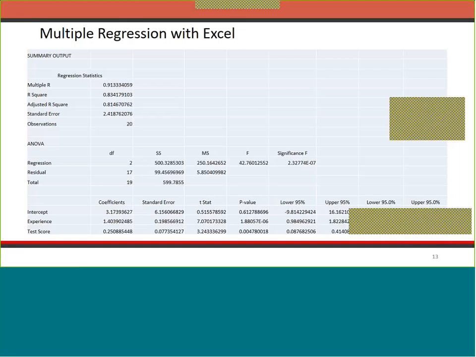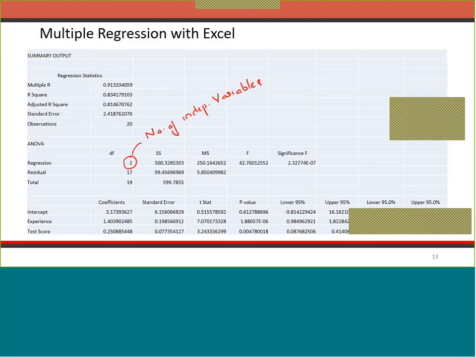So the first one is degrees of freedom for regression. Because there are two independent variables, this is the number of independent variables, so it is 2 for the regression. Why?